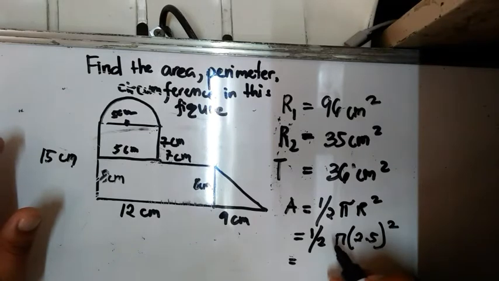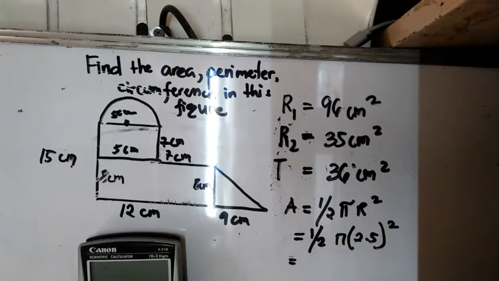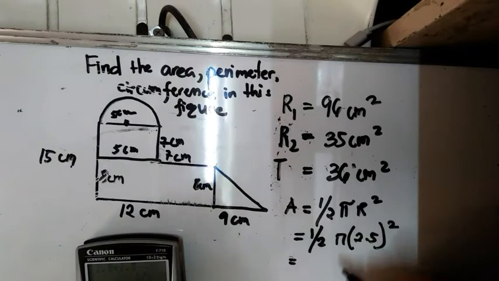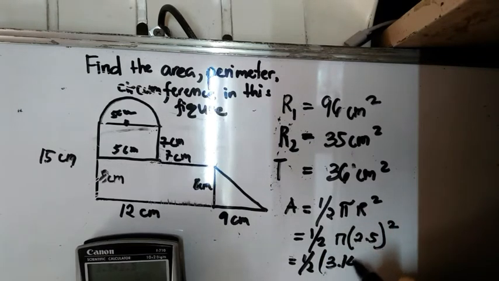So we can calculate. 2.5 times 2.5 is 6.25. I know the pi is 3.14 times 6.25.